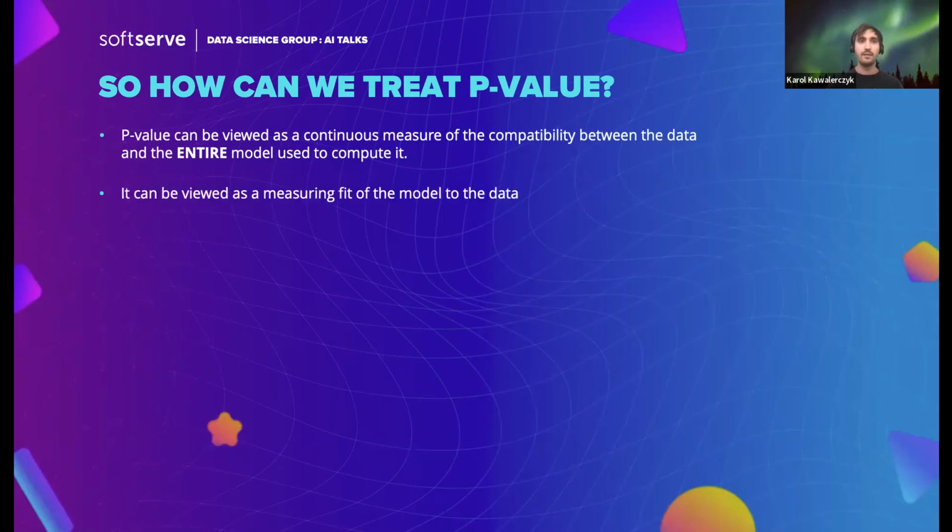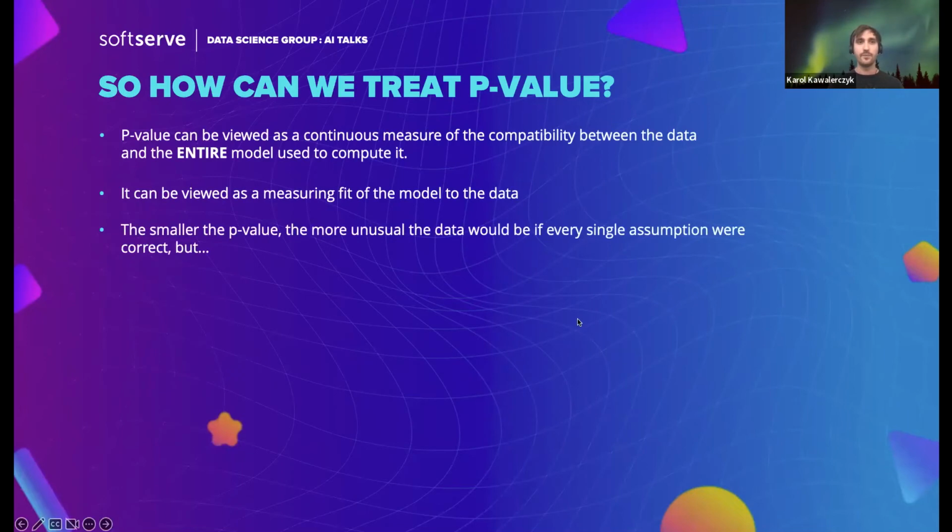So basically, how well the model fits our data. And that's all. You cannot say that it's a probability of receiving this hypothesis. You cannot say that this is a probability of this hypothesis being true, etc., etc. It's not about the hypothesis, it's about the data and about how frequent it can happen when you assume your model.